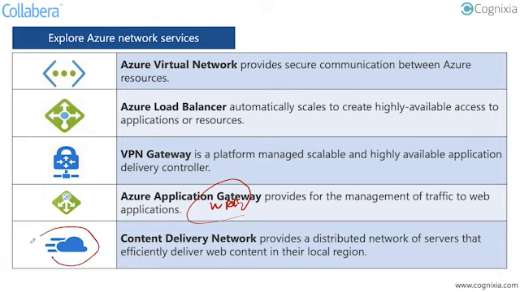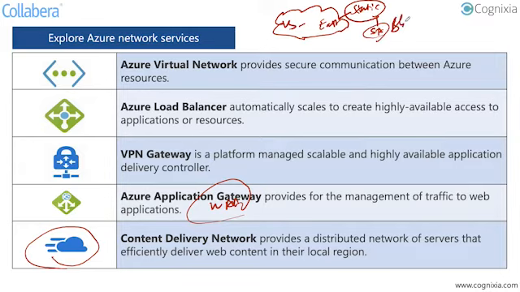Next option we have is CDN, content delivery network. Assume I'm hosting my application in US East, a dynamic application in Azure, with some static content like images, PDF files, audio, and video, which I uploaded into a storage account, a blob storage.